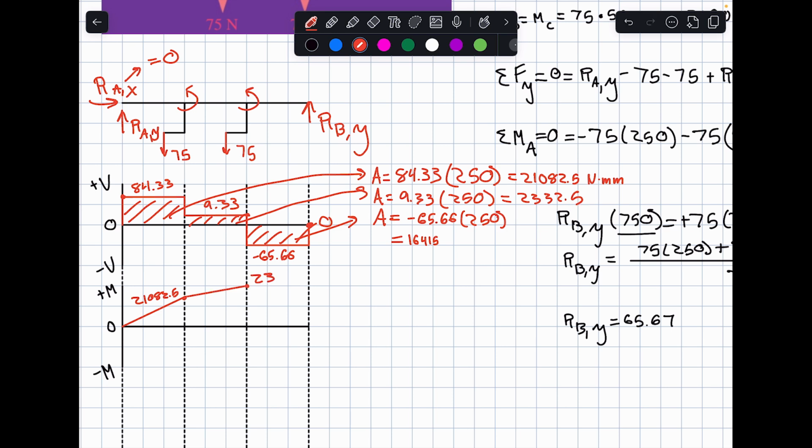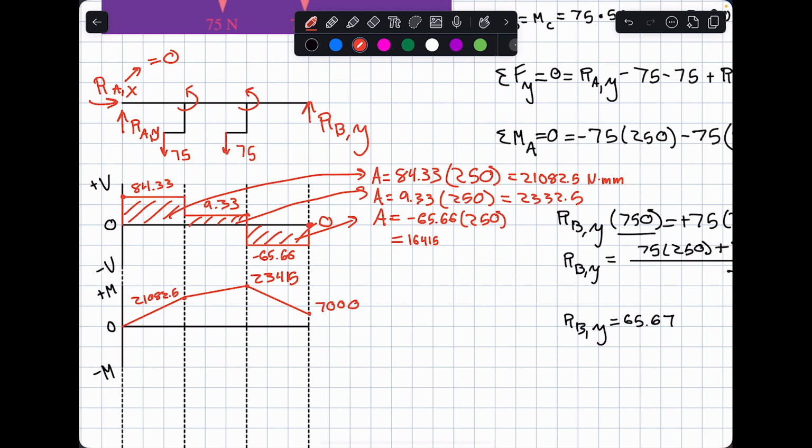And that's going to take us up to 23,415, just like that. And then we have to go down this value, 16,415. So roughly there, and that value ends up being 7,000.